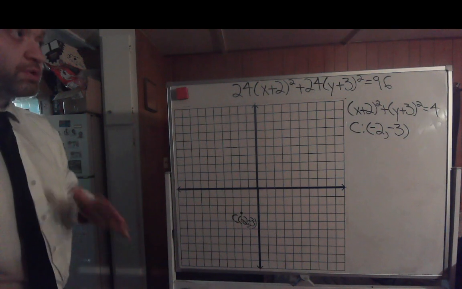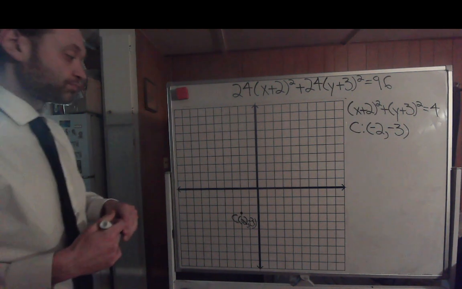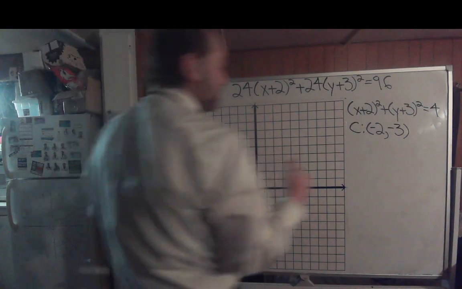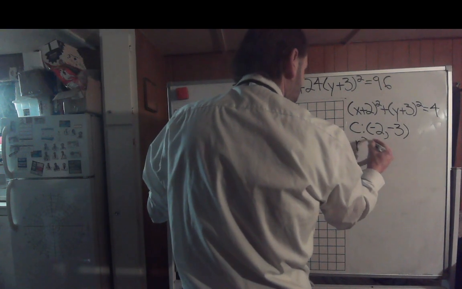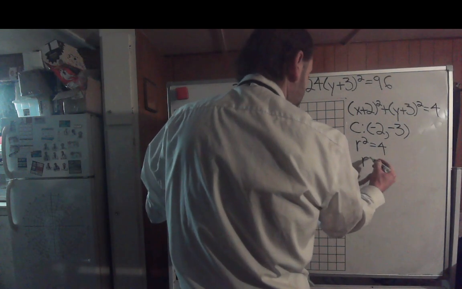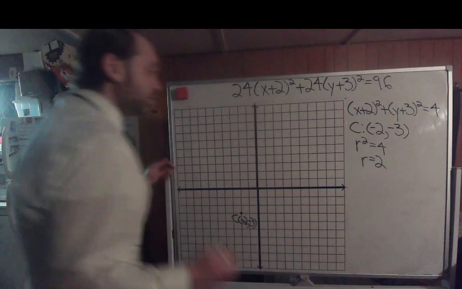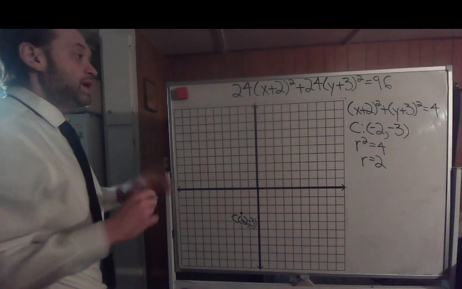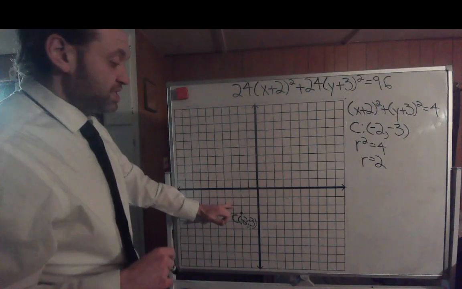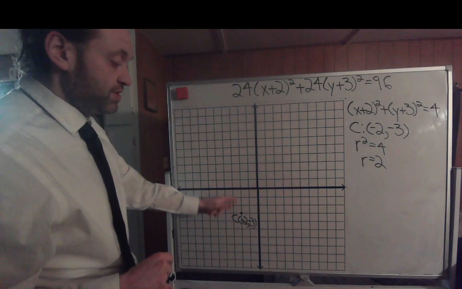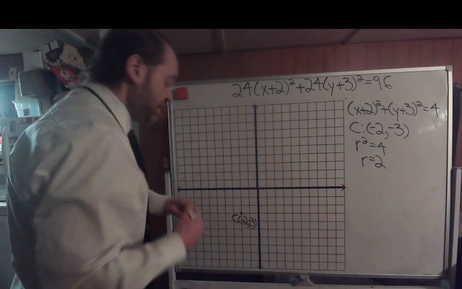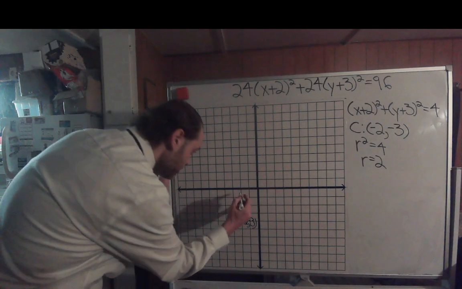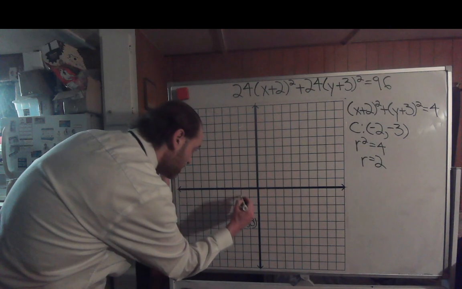Now we have to deal with the radius. The radius squared equals 4, which means your radius would equal 2. So now let's go above the center by 2 units. If I add 2 to negative 3, I'll get negative 1, so the point (negative 2, negative 1).